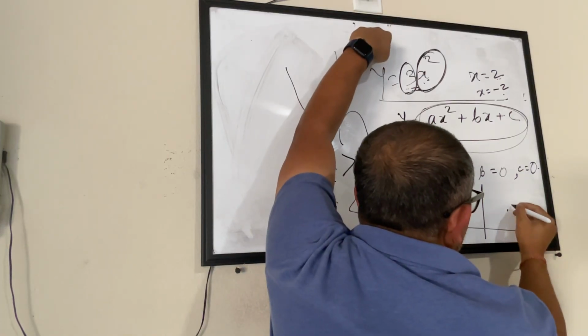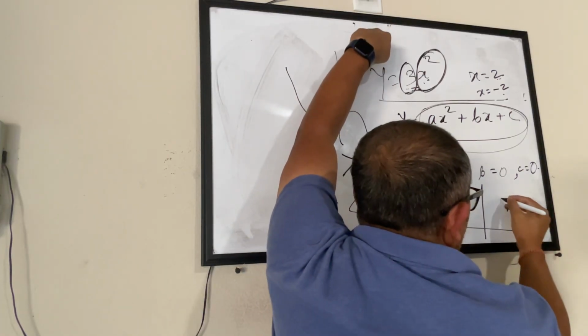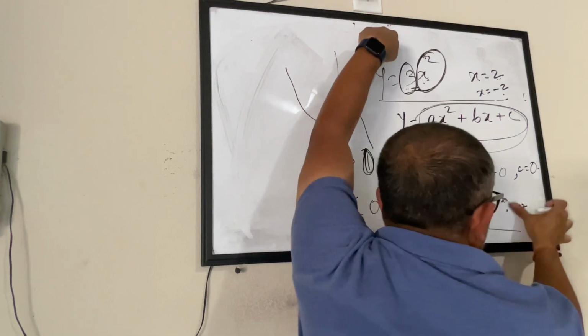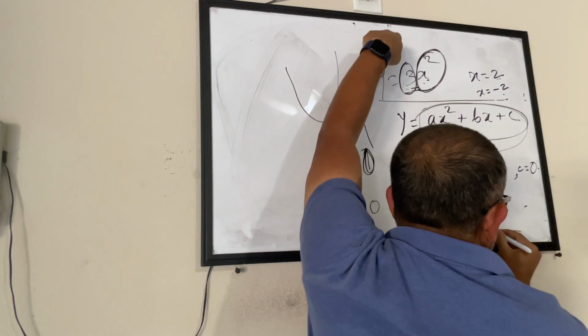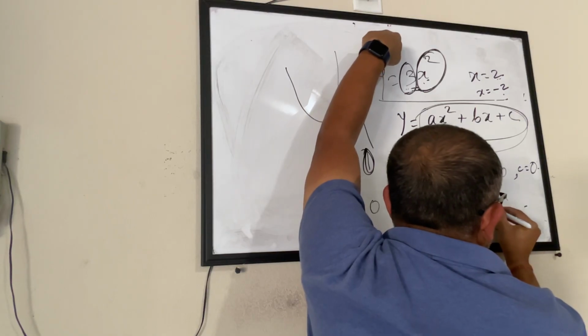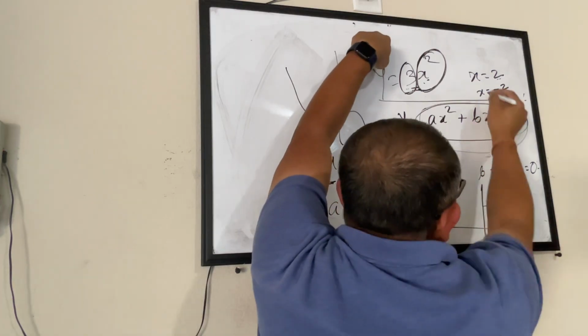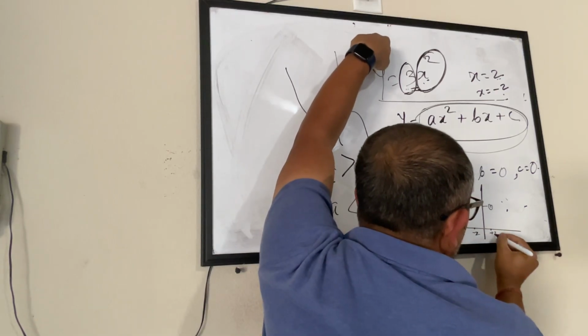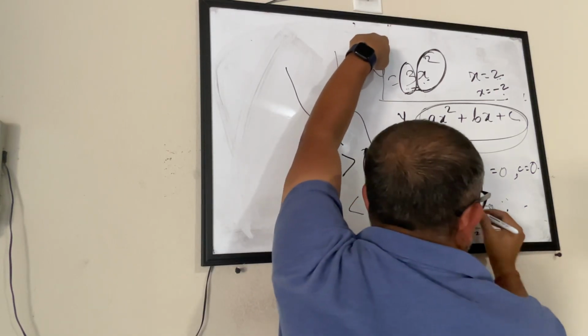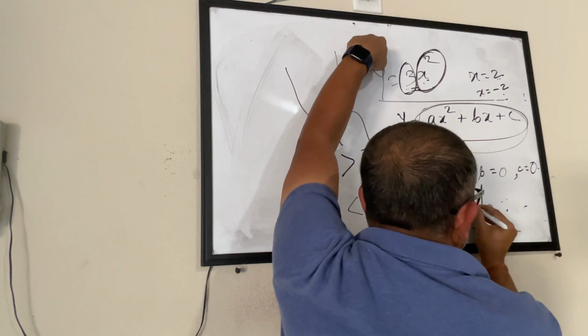So, y is 12 when x equals 2. So, let's say this is 12 and this is 2. So, this becomes my first point. When x is minus 2, this is 12. This is my second point.